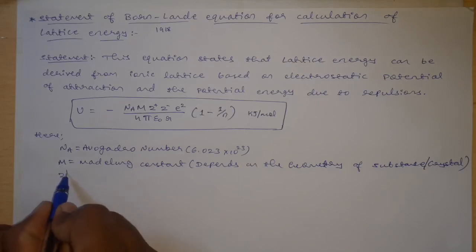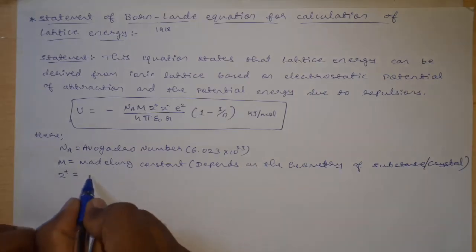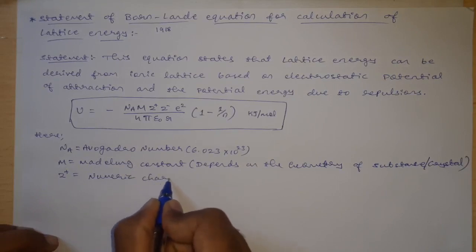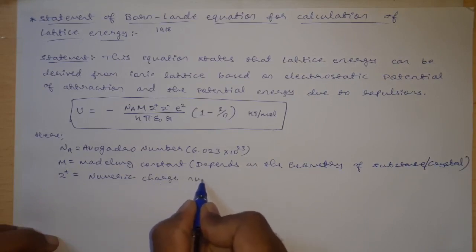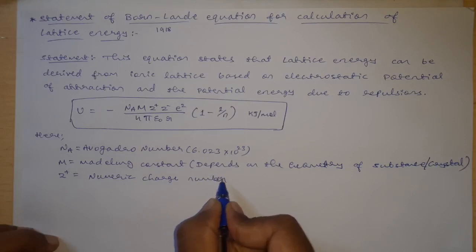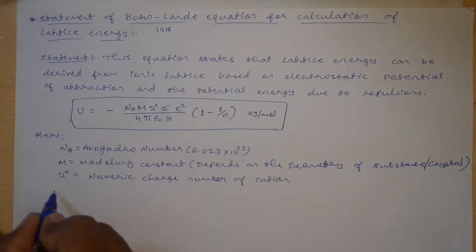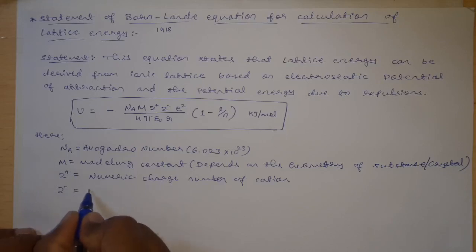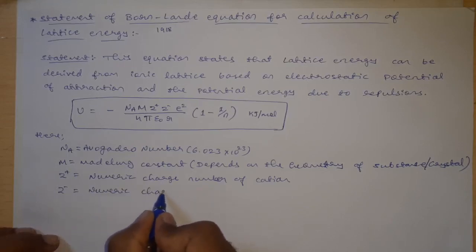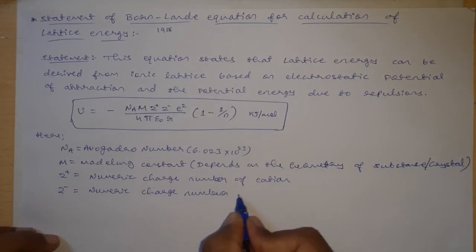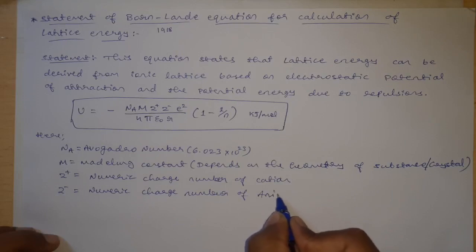Okay. Then Z plus is the numeric charge number of cation, and Z minus is the numeric charge number of anion.